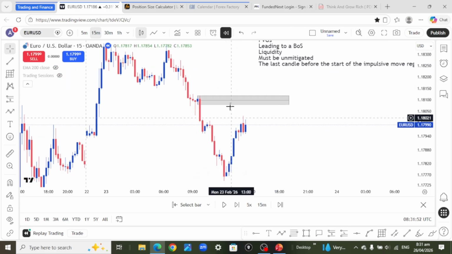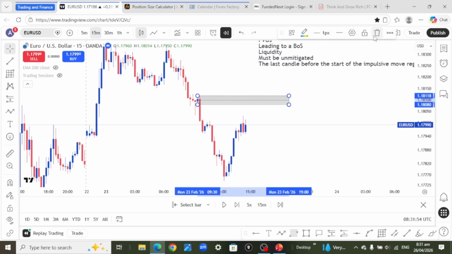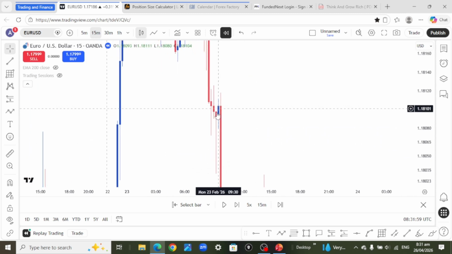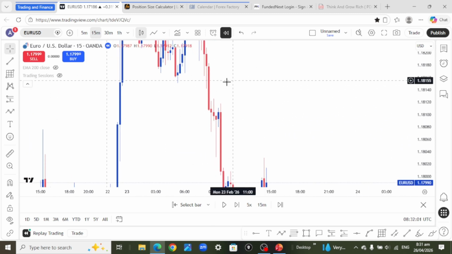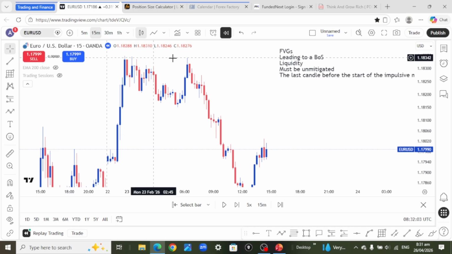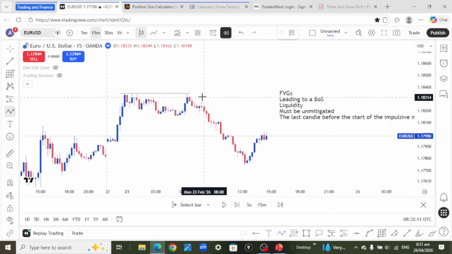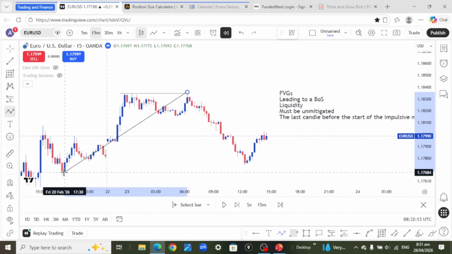Looking at this candle here, this blue candle, you see that when the market formed equal highs here, it started dropping and it took out this swing low.